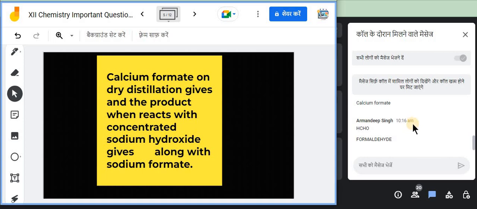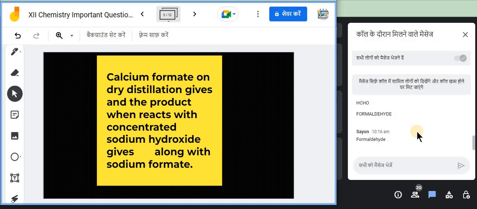Formaldehyde. See, dear students, this question contains two more important questions. Now read the question. Formaldehyde reacts with concentrated sodium hydroxide and gives a dash along with sodium formate. My question to you is, which reaction is that?